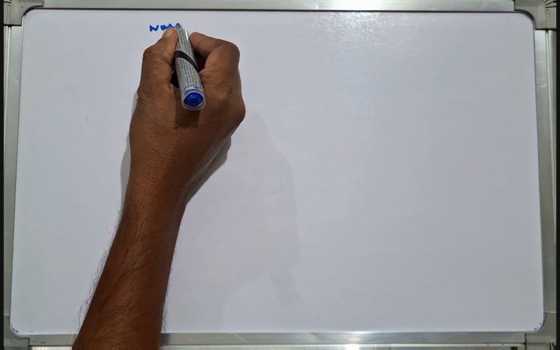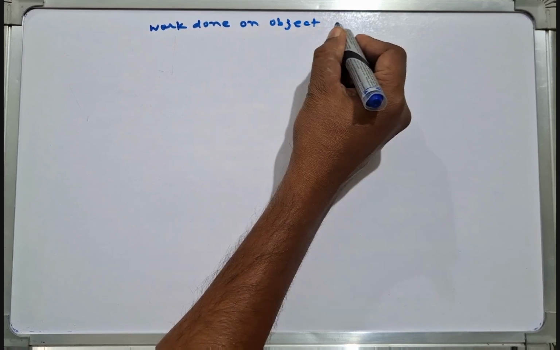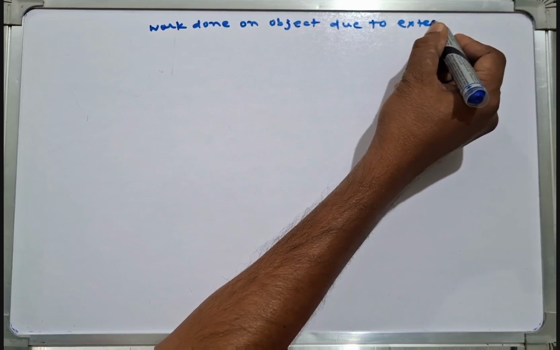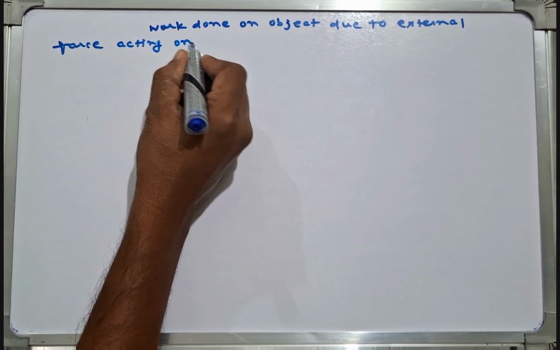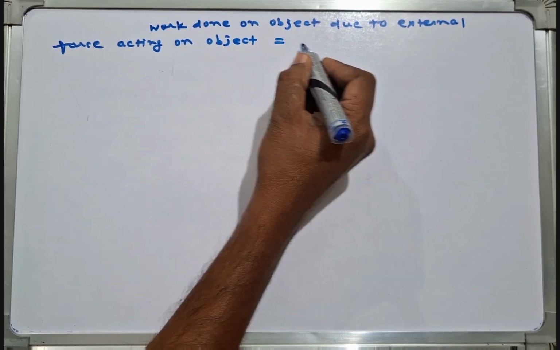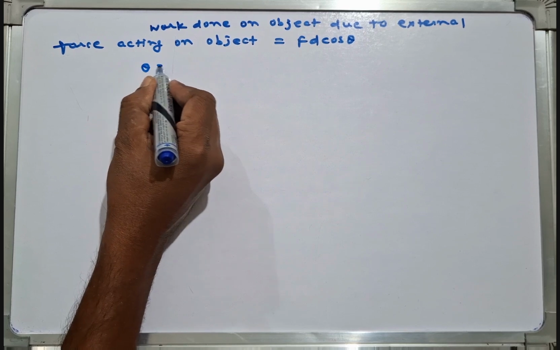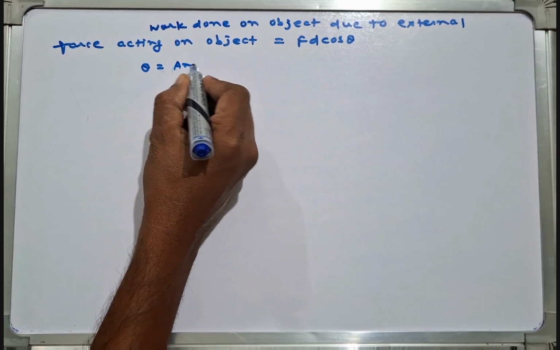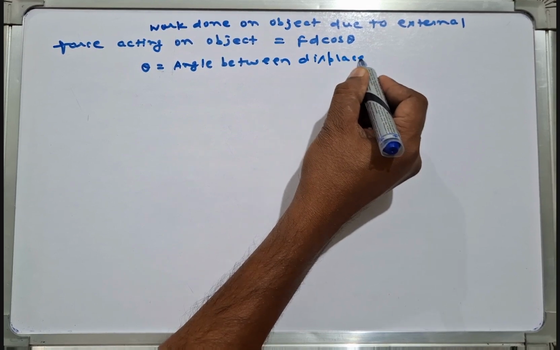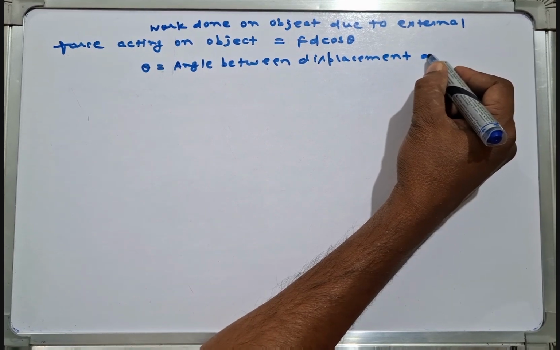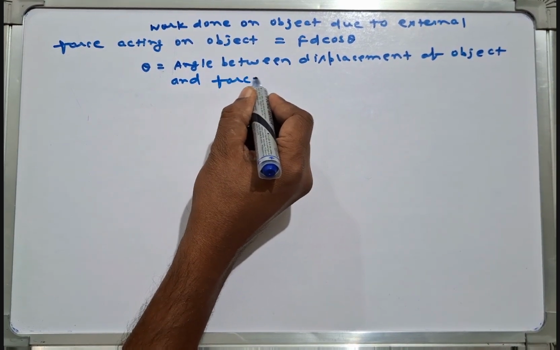Work done on an object due to an external force acting on the object equals force into displacement and cos theta, where theta is the angle between the displacement of the object and the force acting on it.